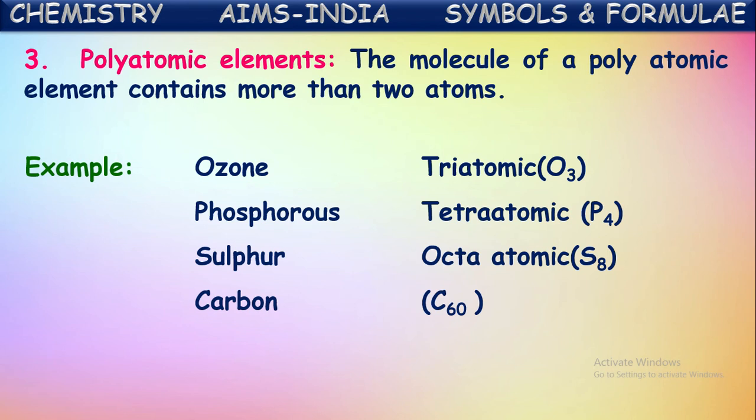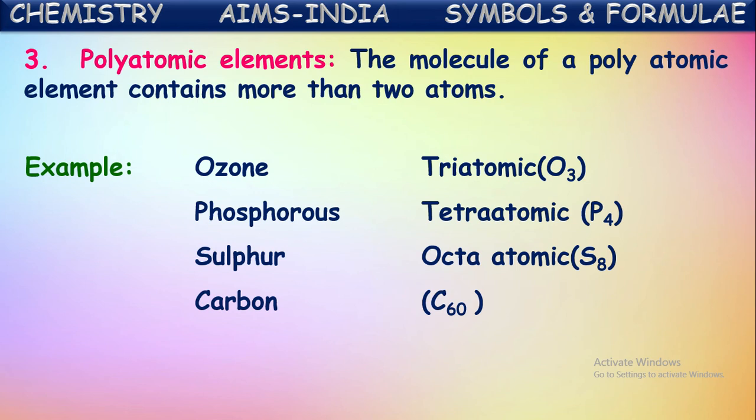Now we can say ozone is a triatomic element. If you see phosphorus, it contains four atoms of phosphorus combined together. Now you can say phosphorus is a tetraatomic element.